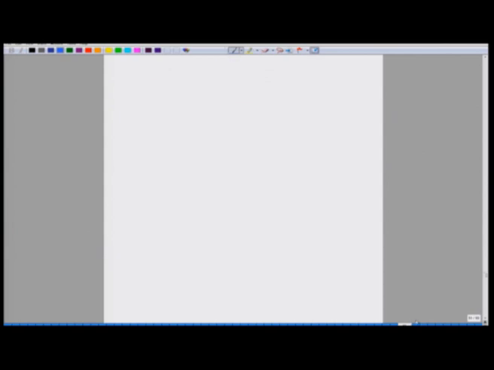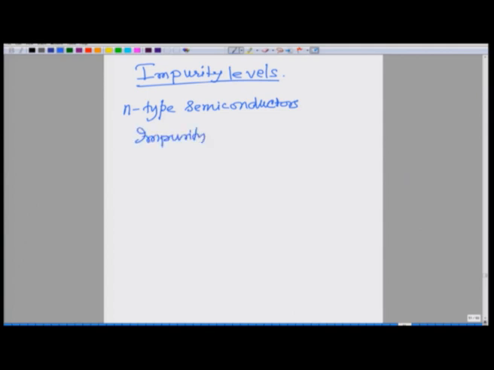Now, let me talk a little bit about impurity levels. As we said, in n-type semiconductors, impurity levels are created slightly below the conduction band.